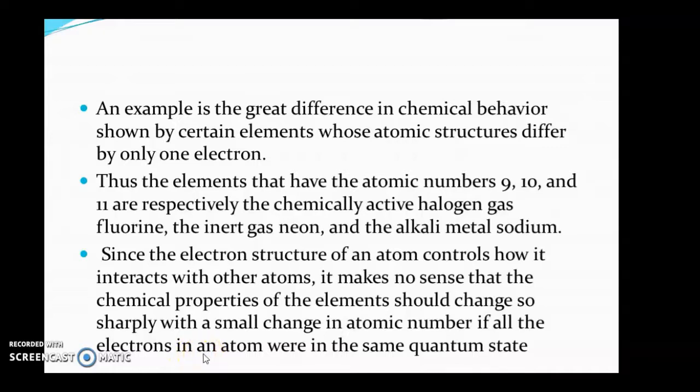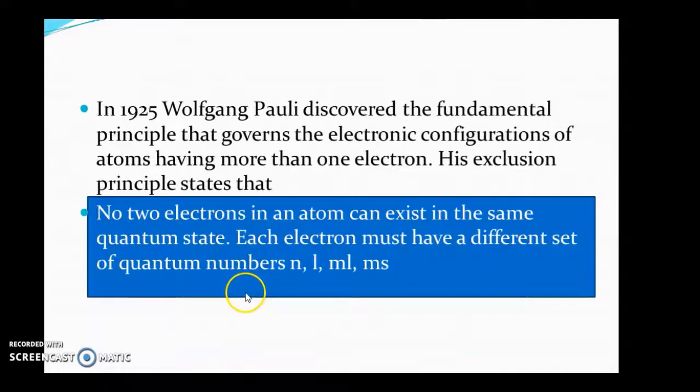So, that means all the electrons in an atom are not in the same state. And in the year 1925, the scientist Wolfgang Pauli discovered the exclusion principle, which is the fundamental principle that governs the electronic configurations of atoms having more than one electron.